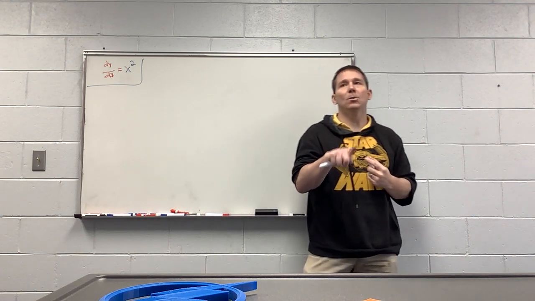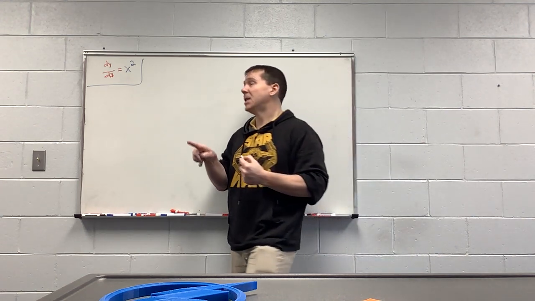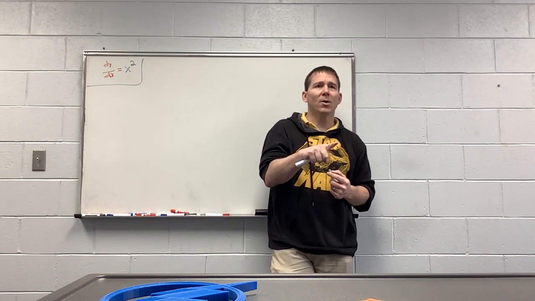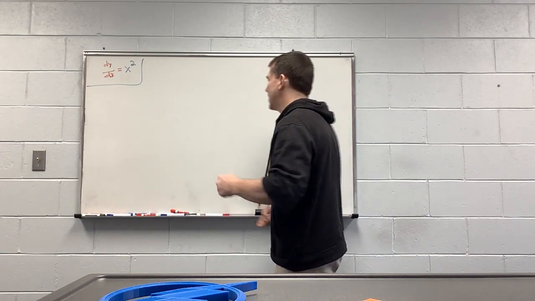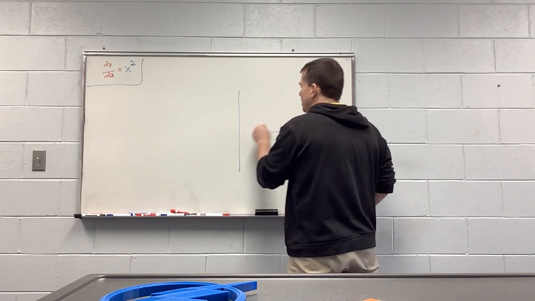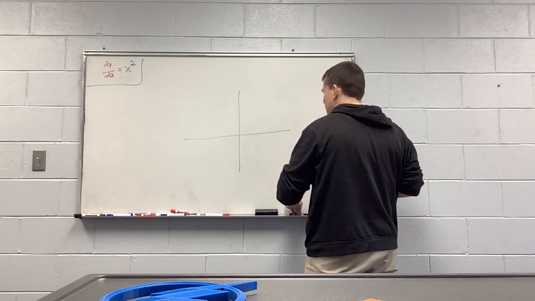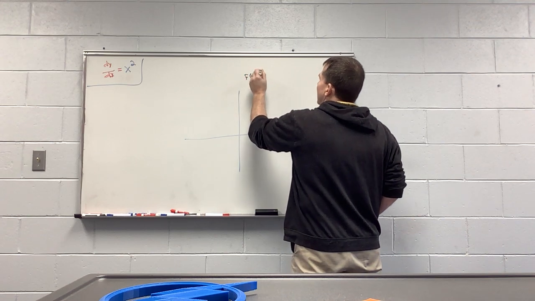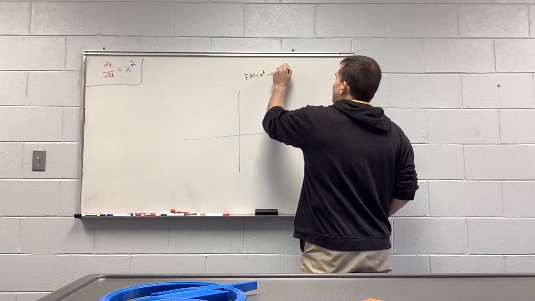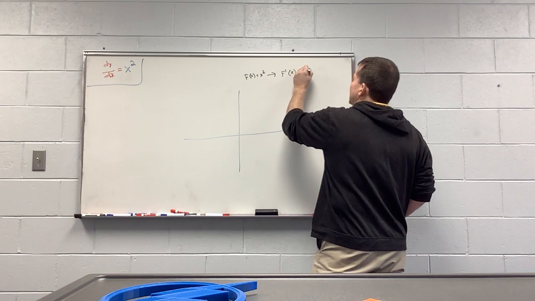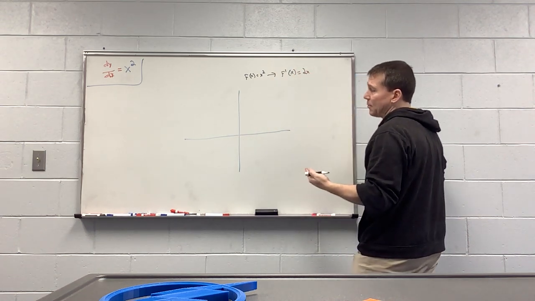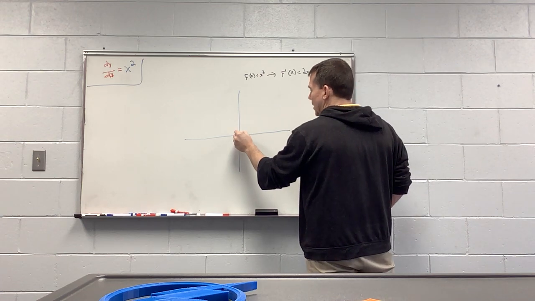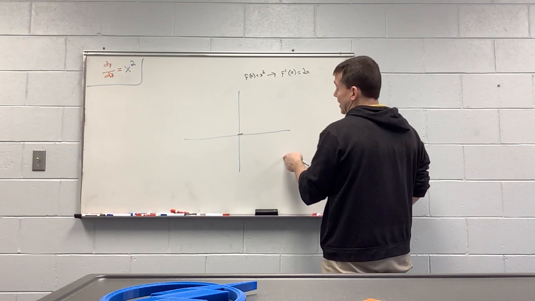In Calc 1, we learned that the derivative tells me the slope. And I'm sure in Calc 1, when sketching curves, a lot of times what you do is you take a function like f of x equals x squared, then you take the derivative, f prime of x is 2x, and then you plug it in at different points on your graph. At 0, 2x is 0, so at 0 my graph is flat.